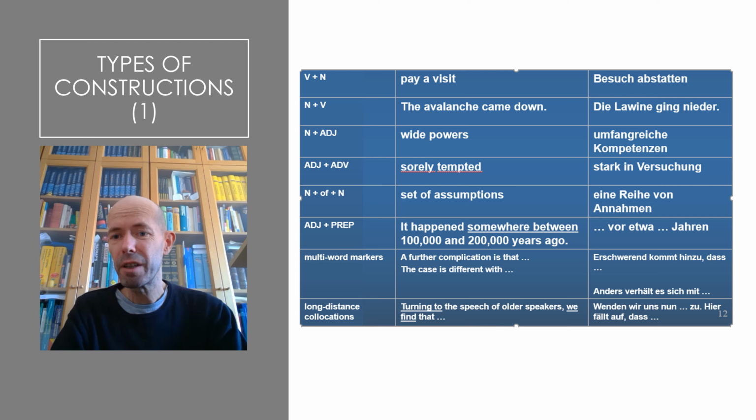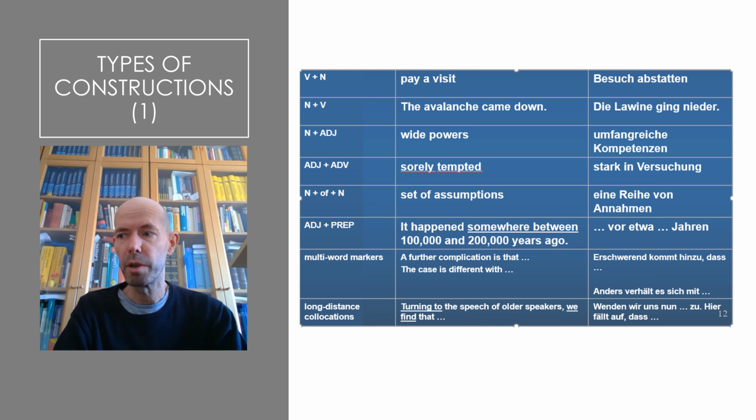Now, these are difficult to locate in dictionaries, because if you look up something like erschweren kommt hinzu das in a dictionary, you would probably find to make matters worse, which is a good translation, but you can only use it in a colloquial context.